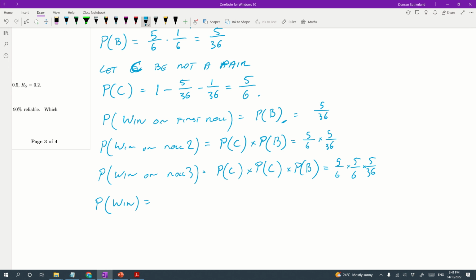So the overall probability of a win is 5 over 36 plus 5 over 36 times 5 over 6 plus 5 over 36 times 5 over 6 times 5 over 6. And you can go and figure this one out on a calculator. I'm just going to figure it out to whatever decimal approximation it turns out to be.